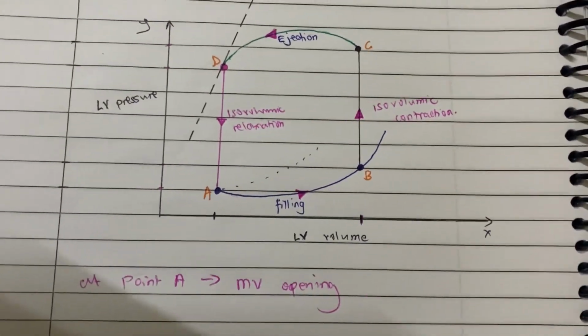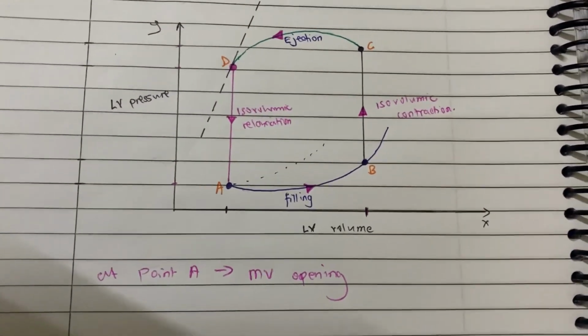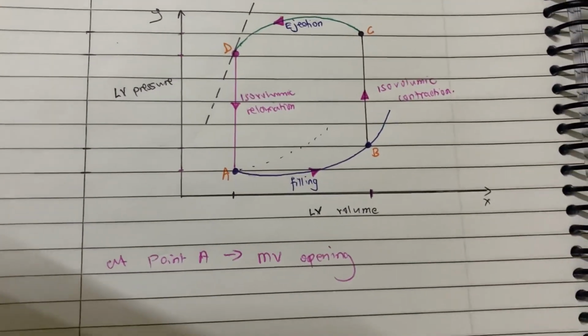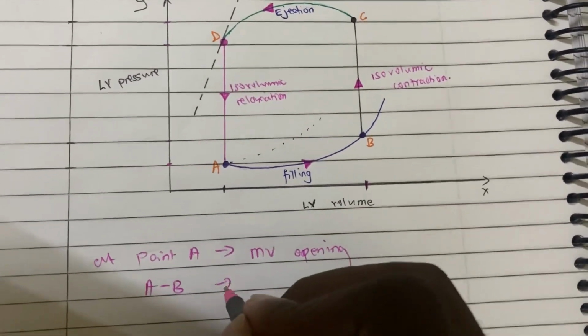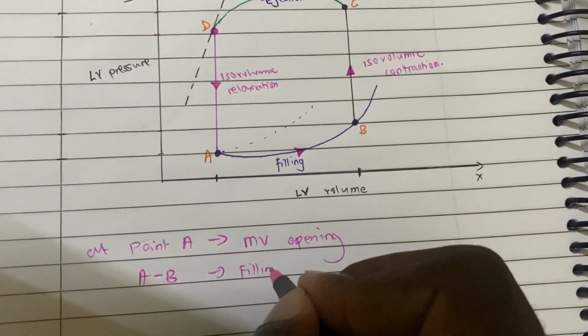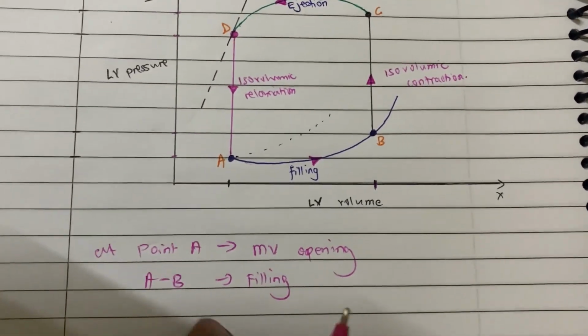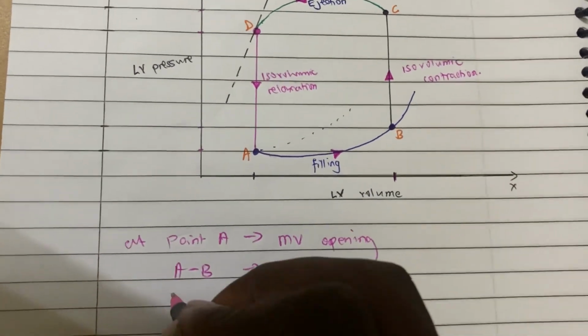Otherwise, we don't need this. It should increase, but to a small extent. So mitral valve opens. Next, A to B, we have filling. We already labeled that one. If it comes in the exam, you should reproduce this. Filling phase goes up to a certain point, point B.